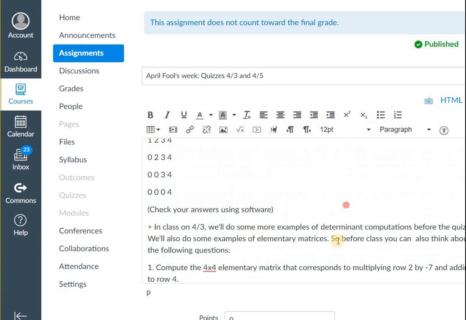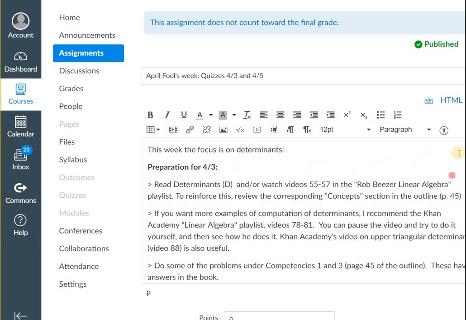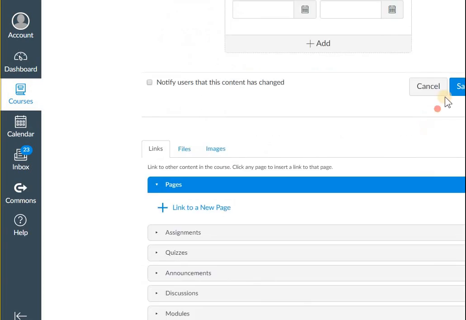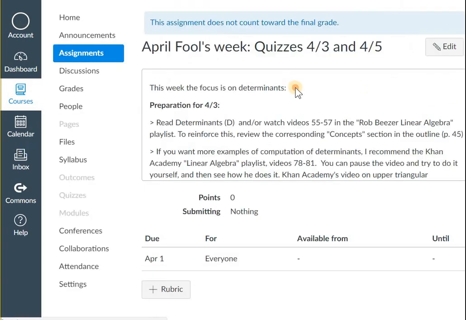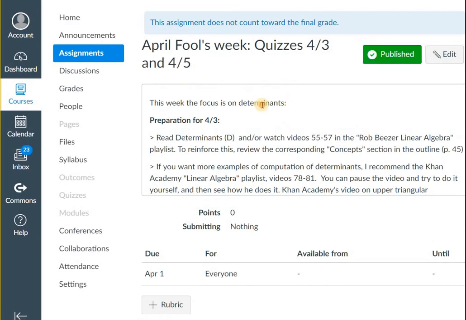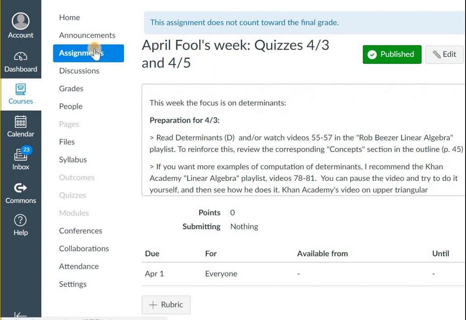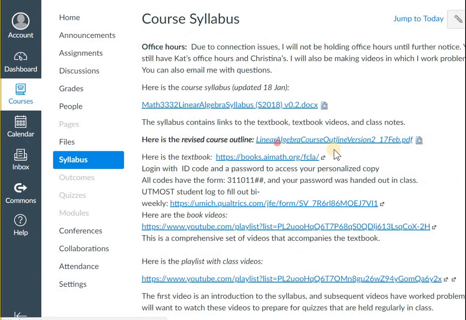So let's see what else we have on the outline. All right, so let's go ahead and save this. And I'll go back to the syllabus page, and I can open up the course outline, I suppose.